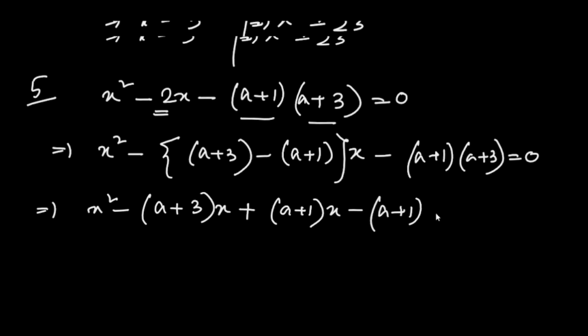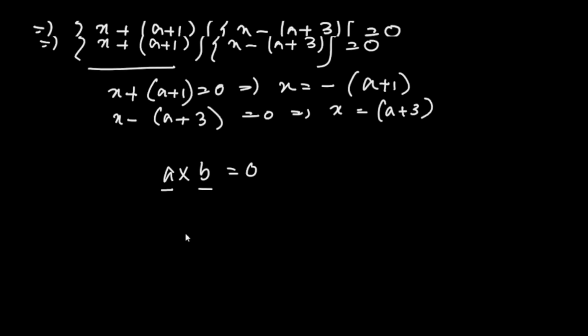Now sometimes students ask me, sir, why do we use this "or" word? When the product of two things, say a into b, equals 0, what can we say? Either a equals 0 or b equals 0, or both of them equal 0, right? This particular concept we use when we are solving these quadratic equations.